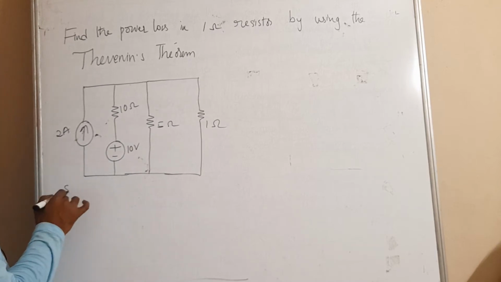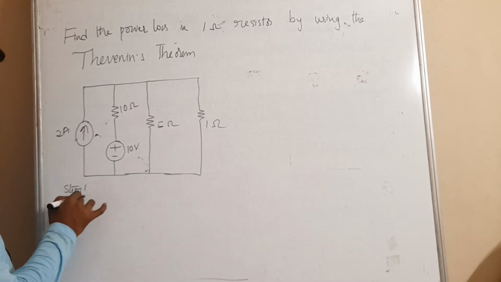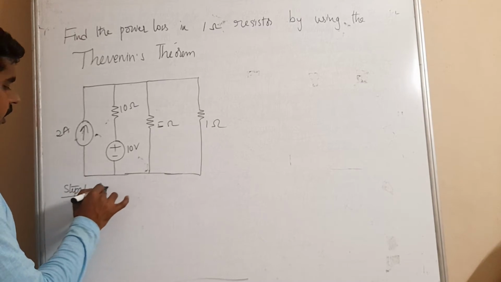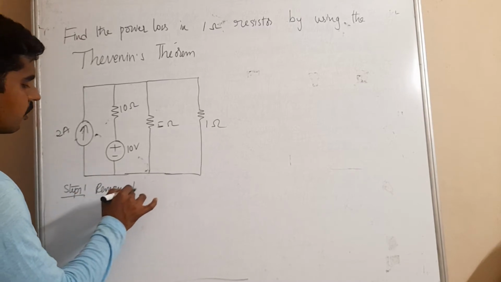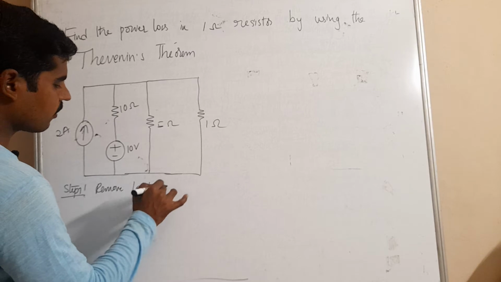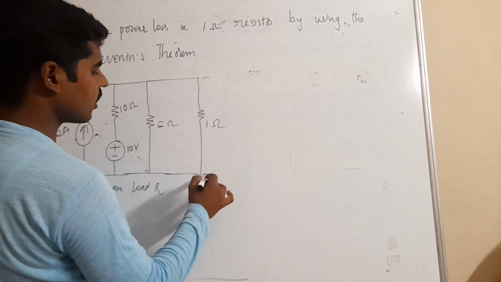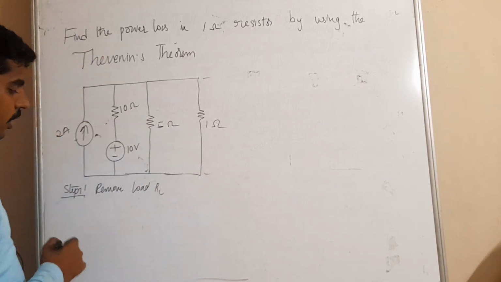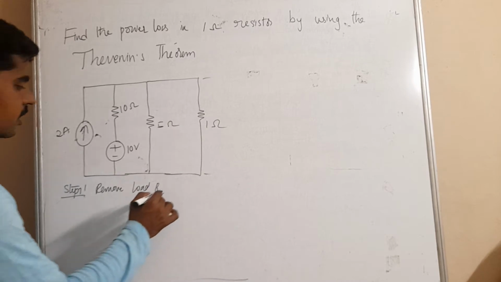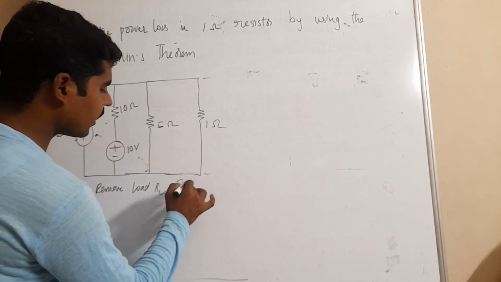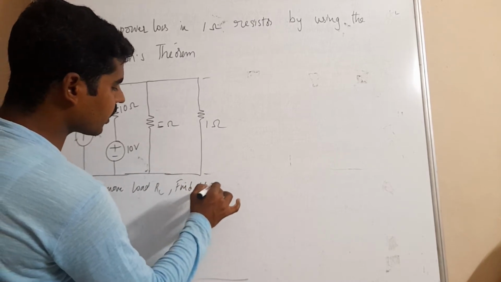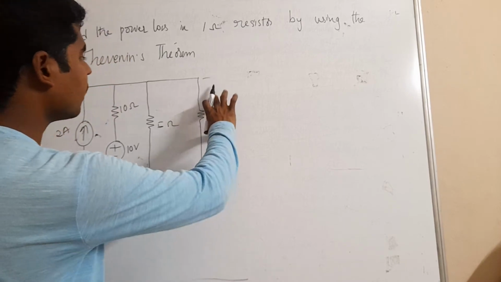So step 1 in Thevenin theorem: remove the load resistance. What is the load resistance? This is our load resistance. Therefore you have to remove the load resistance and find the open circuit voltage VOC across the load resistance.